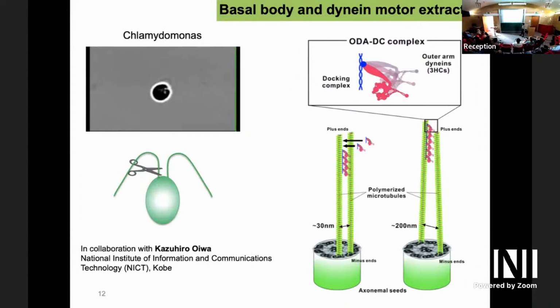Then we have the motors, and we also use small pieces of flagella as a nucleator for the microtubules, because you need the microtubules all in the same polarity, otherwise it doesn't work. You have these nucleators, called seeds, and then you can polymerize your microtubules at a distance that is favorable for the motors to create the interactions.